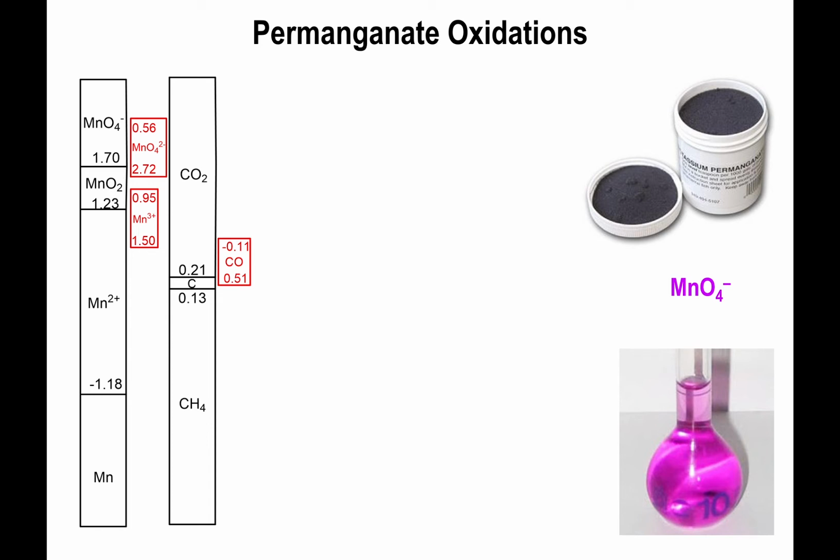As long as you're going from top to bottom, the value tells you exactly what the reduction is going to cost. If the value is positive, the reduction is very spontaneous. It's very likely to happen on its own. If the value is negative, then the reduction is probably not going to be spontaneous, but the opposite will be true: the oxidation going from bottom to top will be favorable.